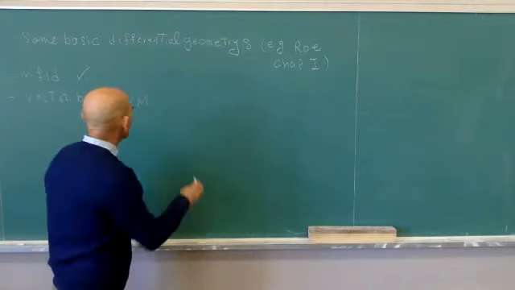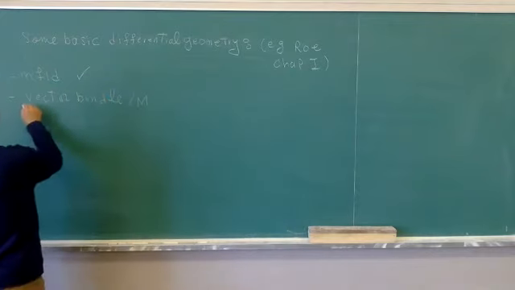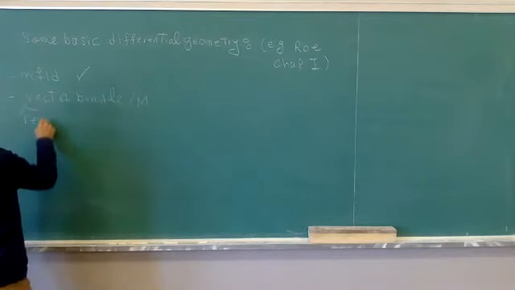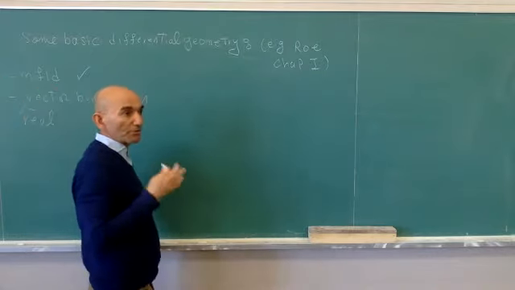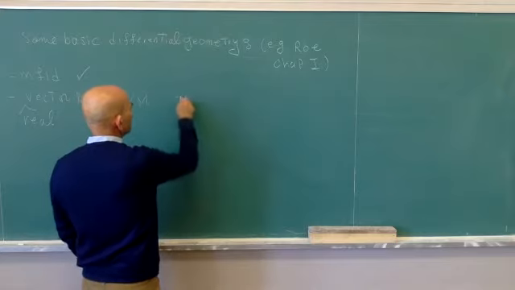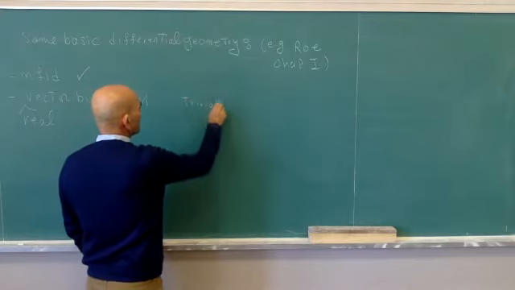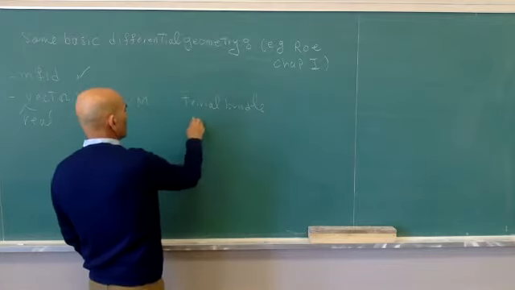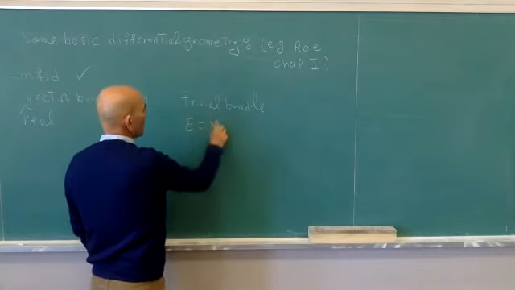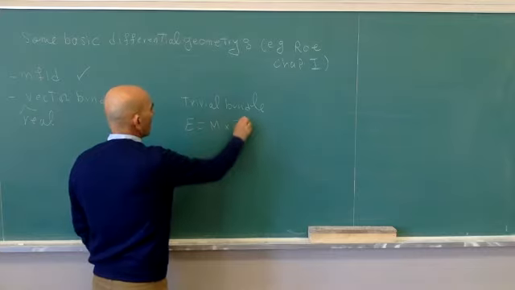The idea is the following, say a real vector bundle, for example. We can start with trivial bundles, so E equal to M cross R^n.